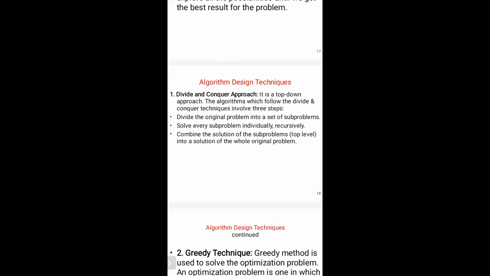Just recall those techniques for a clear understanding of the design and analysis of algorithms. This is for getting some idea about the different techniques used in the design of algorithms. Suppose the first one, the divide and conquer approach.